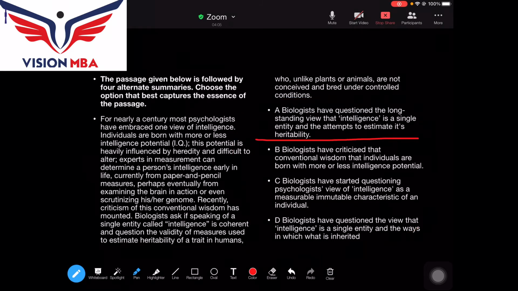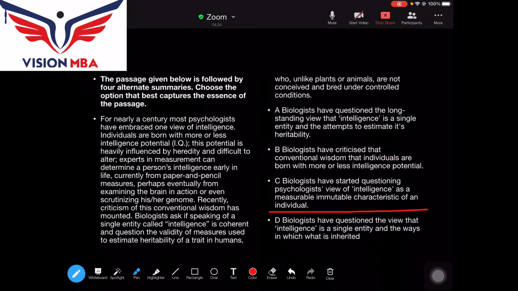Now I'll read the options. Option A: Biologists have questioned the long-standing view that intelligence is a single entity and the attempts to estimate its heritability. Option B: Biologists have criticized the conventional wisdom that individuals are born with more or less intelligence potential.